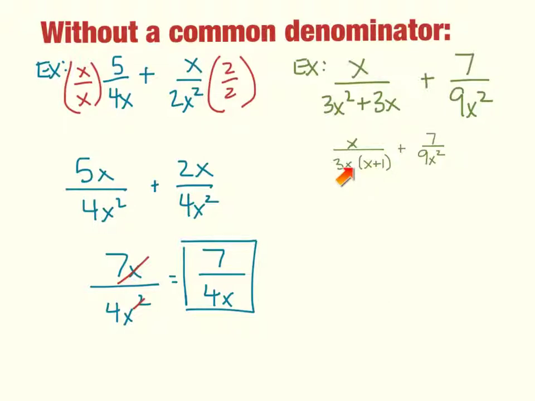So I'm also going to have to multiply it by x. So over here I multiply the numerator and the denominator by 3x. Now, in this denominator, 3x times 3x is the 9x squared. The only thing left over is this x plus 1. So this fraction gets multiplied by x plus 1 over x plus 1.